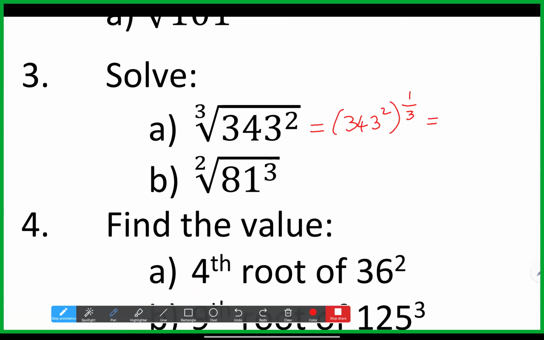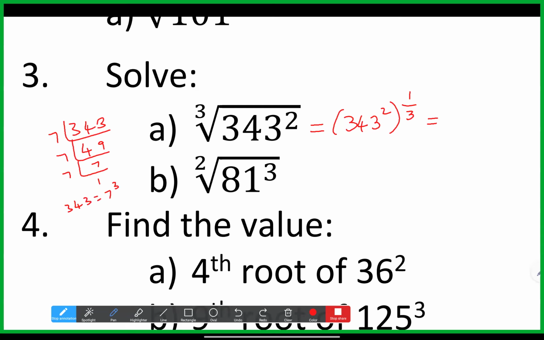Now, any doubt? No, sir. Prime factorization of 343. It will go with 7 only. So 343 is equal to 7 power 3.